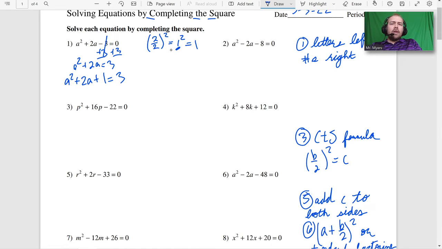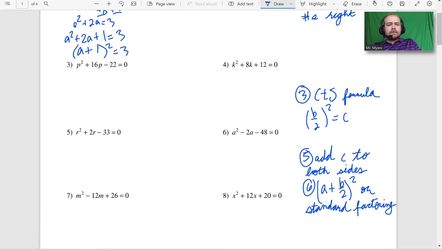Obviously that one and this one right here are the same, but they won't always be. Most of the time, they're not going to be the same. So that's what you would factor to: a plus b over 2, which is 1. And at that point, we're done with the factoring part.